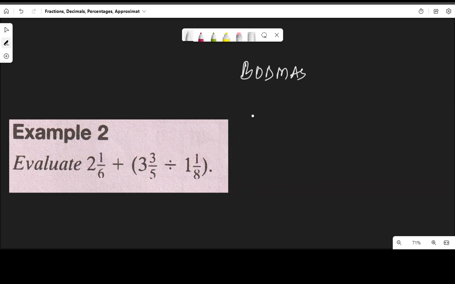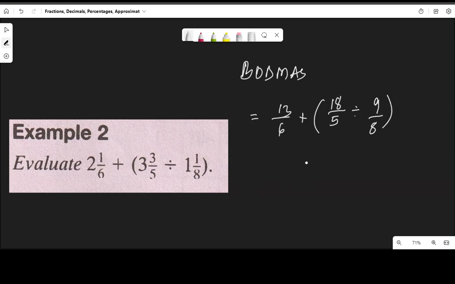So if we apply that rule, first of all, let me convert all of these mixed numbers to improper fractions. 6 times 2 is 12. 12 plus 1 is 13. So 13/6 plus 5 times 3, 15. 15 plus 3, 18/5 divided by 1 times 8 is 8 plus 1, 9. 9/8.